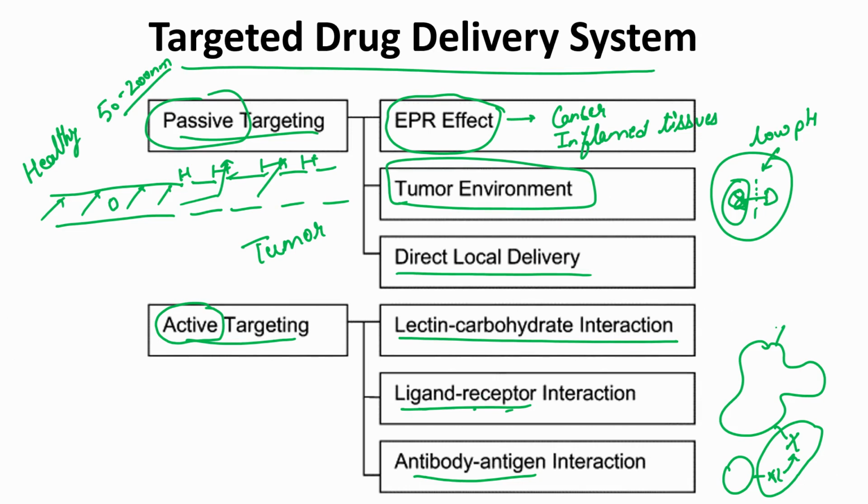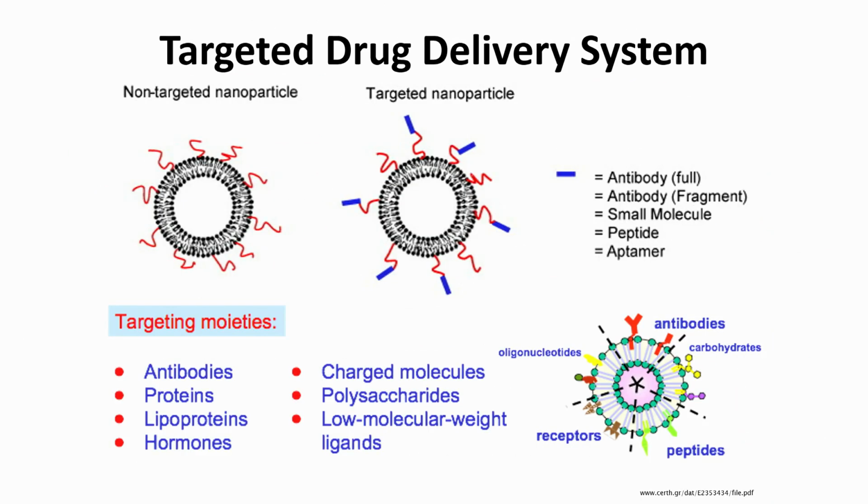Let us say we know that there is an antigen present on the tumor regions, or on a bacterial cell or an infected mammalian cell. We can then take our particle, put these antibodies onto it, and these antibodies will go and bind to this, and that will be more active targeting. So, that is the major difference between passive and active.